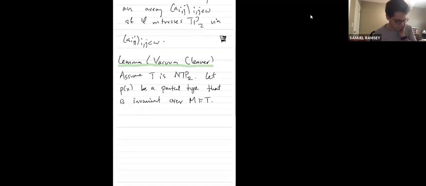So you'll see where this comes up. What we need to know is that if you have a formula like phi(x, b) which is implied by our type, and we replace b with b prime, which has the same type, then the type should also imply phi(x, b prime). We'll see where this comes up in the proof. But anyway, invariant means what you think it means, provided that you think the right thing.